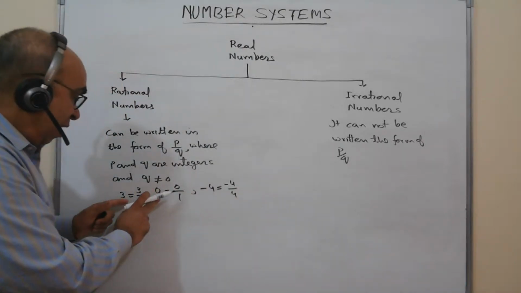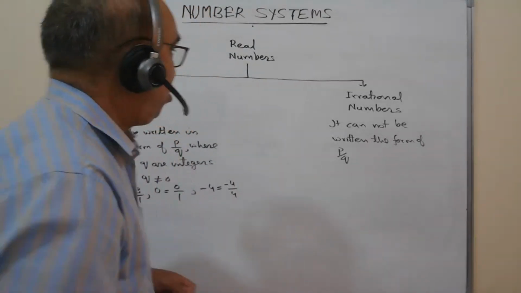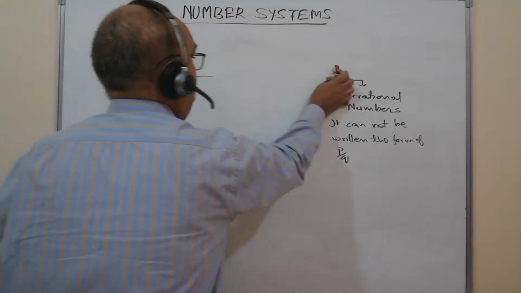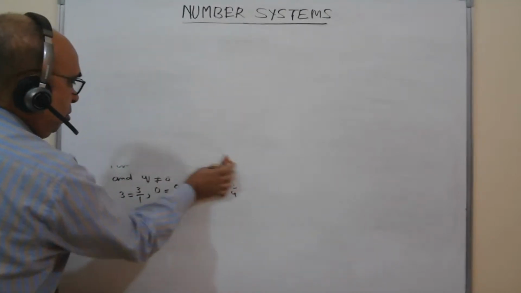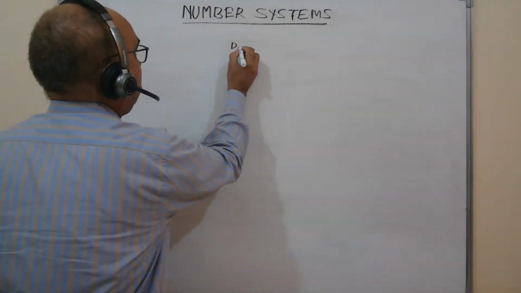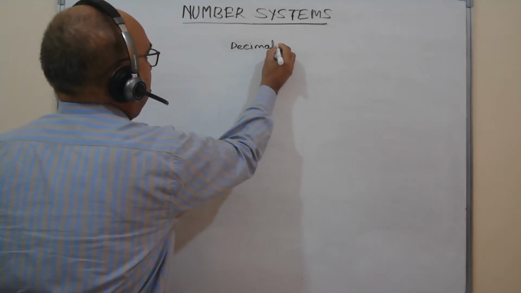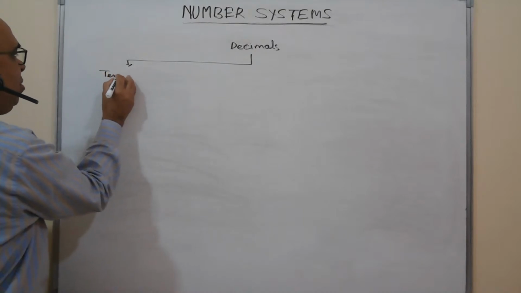Now, other than integers, we will think about decimals. So decimals are of three types. The first one is terminating decimal.